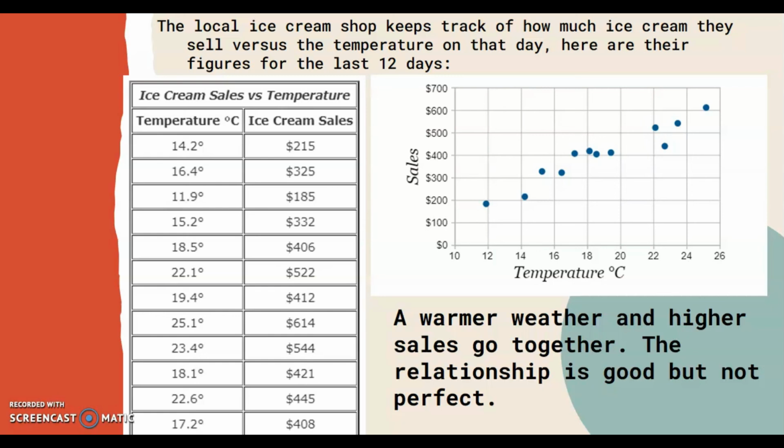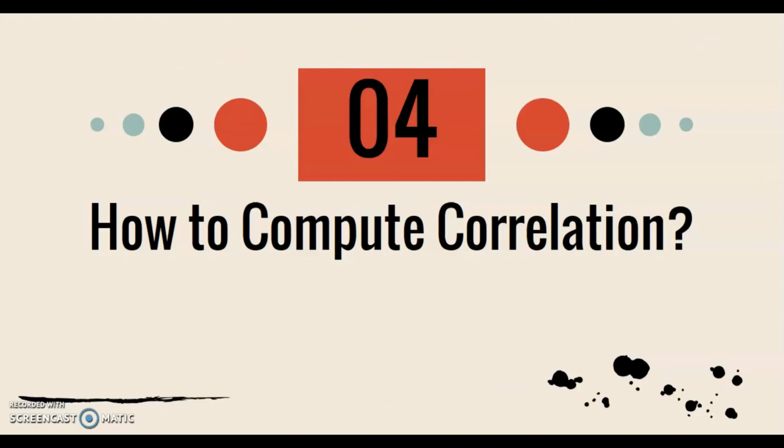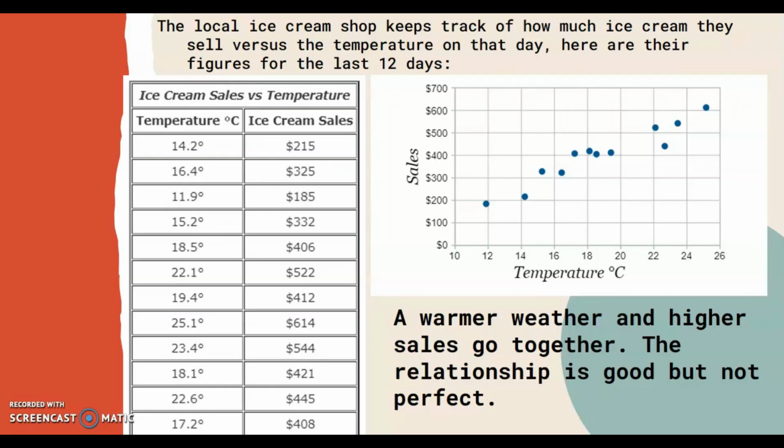Seeing the plotted graph of the values between sales and temperature, we can see that it is in high correlation. Warmer weather and higher sales go together, so the relationship is good but not perfect. It is not perfect but almost perfect, right?